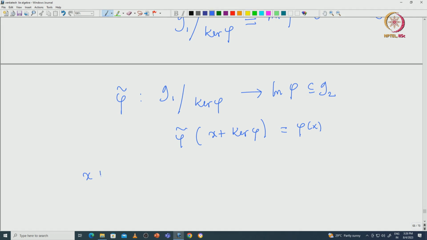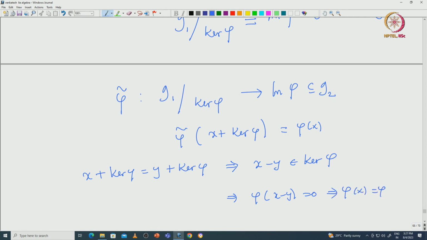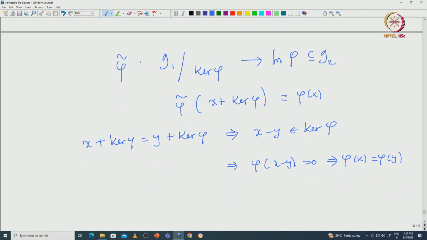If you take two coset representatives, call them x and y, then x minus y should be inside kernel phi, but this will imply that phi of x minus y must be 0. So, that means phi of x must be equal to phi of y. So, this says whenever you start with two representatives from one coset, the images are equal. So, that means this phi tilde must be well defined, and you can also trace back these steps.